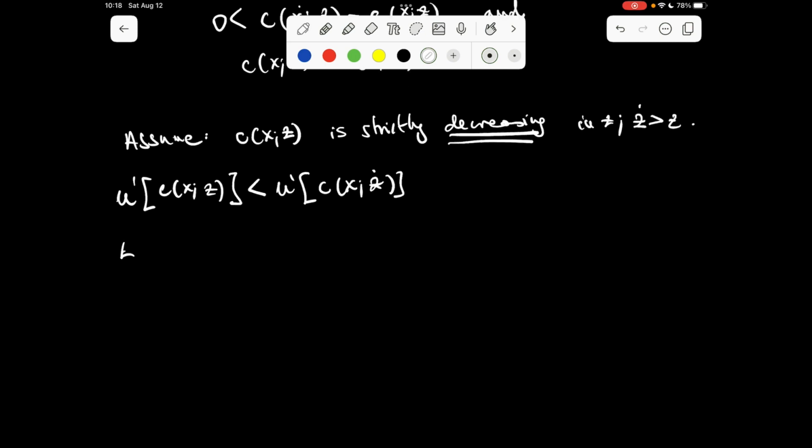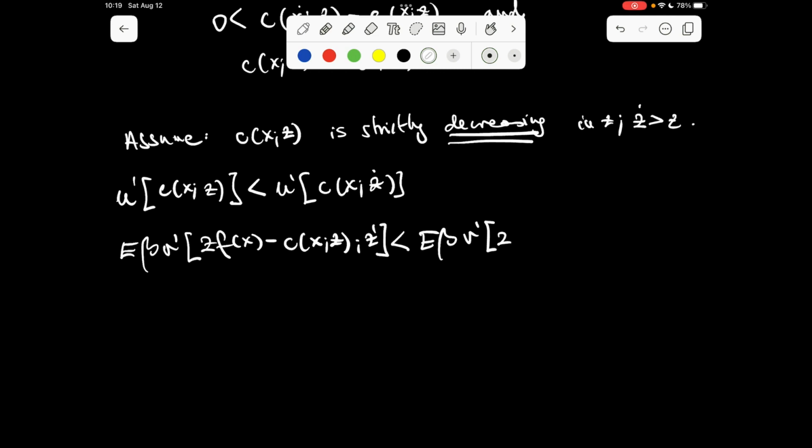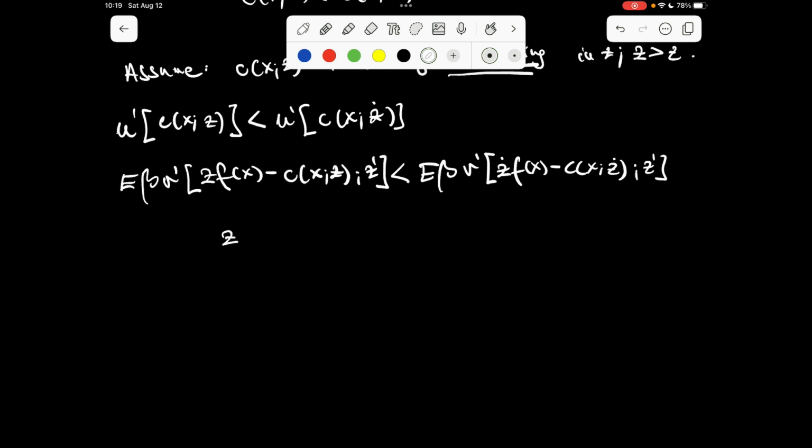From the first order condition, it follows that this relation holds, and from this it follows.